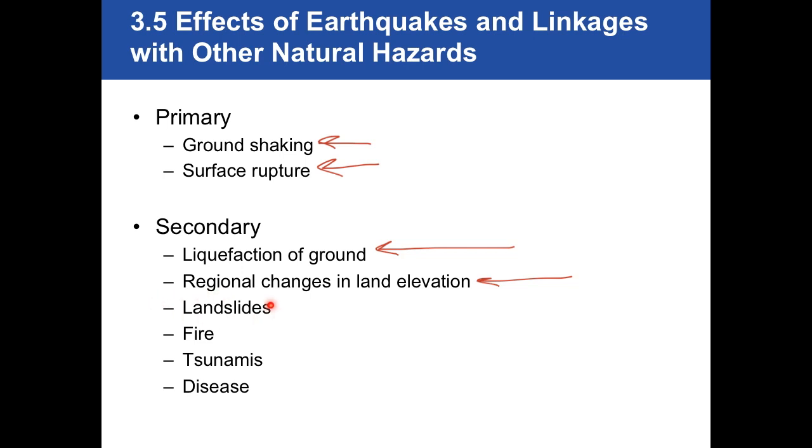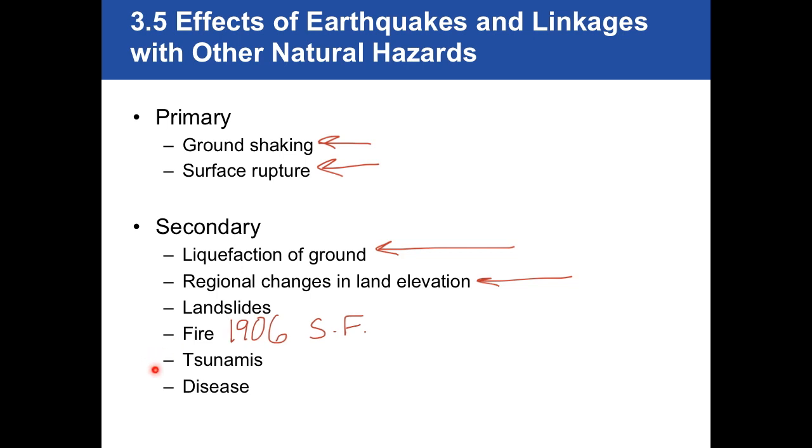So you can have the land actually change elevation as a result of the earthquake. You know what that's like if you're in the wrong spot. Landslides right here, this is huge. Landslides are oftentimes triggered by earthquakes, and if you're in the path of that, it can be very, very deadly, especially if it's a very watery landslide. Fire. In fact, we know that in 1906, the majority of San Francisco was leveled to the ground, not so much by shaking, though a lot of it was, but much more of it was leveled by fire.